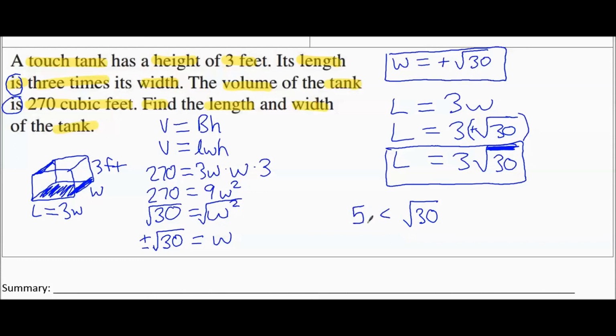Isn't it 5? And what's the perfect square above 30? Well, 5 squared is 25, 6 squared is 36, so the square root of 36 is 6. So this is going to be somewhere in between 5 and 6. That can give you a little bit better estimate of what this actually is.